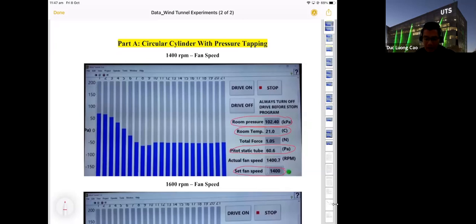For example, if you increase the set fan speed to 1400, the actual fan speed will increase until it's close to 1400. In this case, 1400.7. When you see the actual fan speed close to the set fan speed, it means you can collect data. So the pitot-static tube pressure you have here.